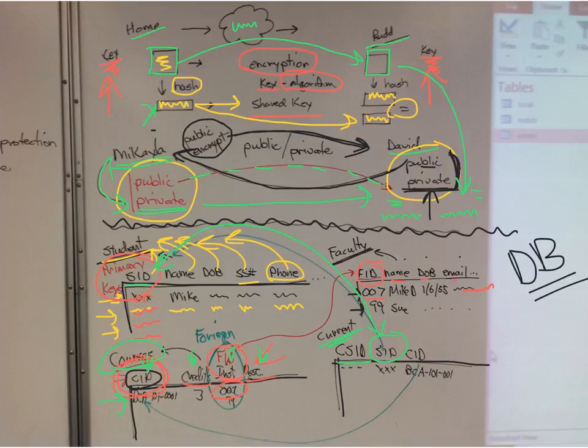So, do you see another foreign key? Yeah, we have this situation here. Course ID. From right here. So then this is more like an active table. It has the current term.